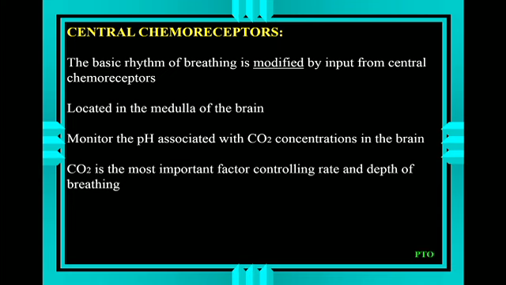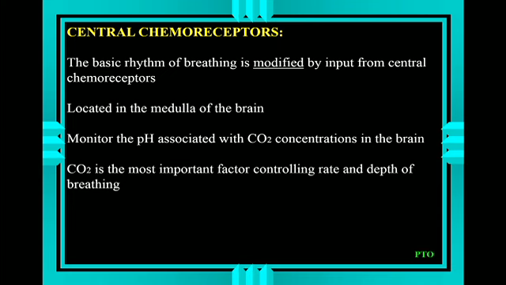The central chemoreceptors monitor the pH, which, as we learnt yesterday, and as we'll reinforce in a minute, is nearly in all circumstances totally related to the partial pressure of CO2 in the brain. And by in the brain, we're talking about the fluid that surrounds the brain.